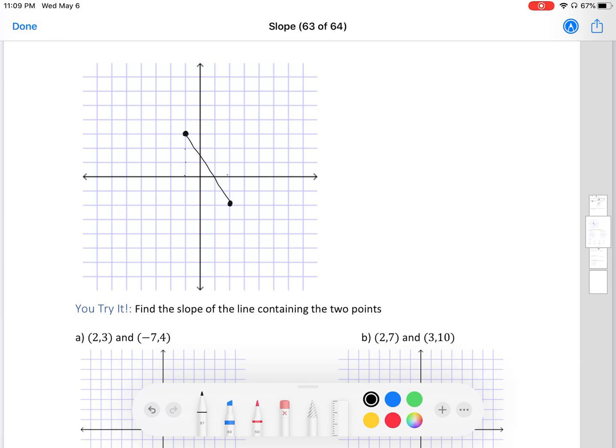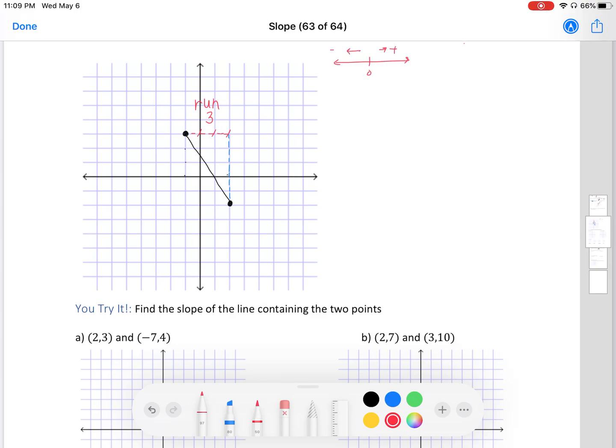Now I want to find my slope. Your slope is defined by your rise and your run. So I go across for the run, that many points, and for the rise up and down, we count how many units that is. We see that for our run we have 1, 2, 3 units. Think of your number line: from 0 to the right you have positive numbers, to the left you have negative numbers.